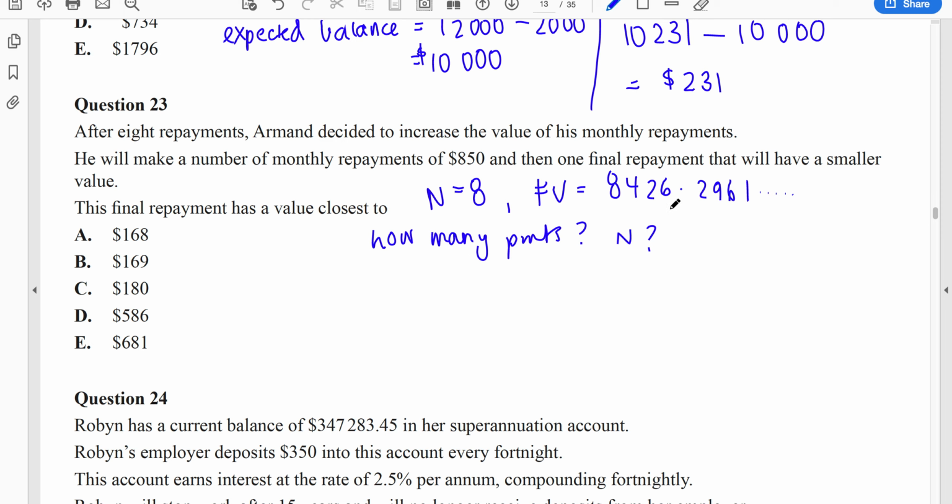Since this is what he's owing after 8, I want to start again with this loan so I can see how many payments are remaining. So I'm going to use this FV here as PV, since it's the starting point of this last part of the loan.